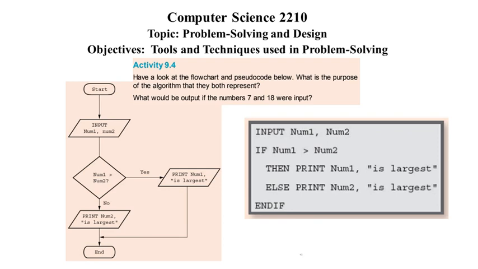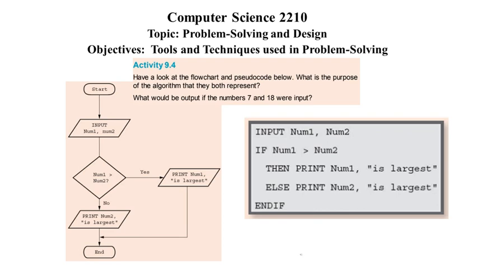Okay, we have the start symbol, then a flow line leading us to the second part, which is a parallelogram, and here we have input num1 and num2. This means that this flowchart will ask the user to input two numbers, and they will be represented through the variables num1 and num2.